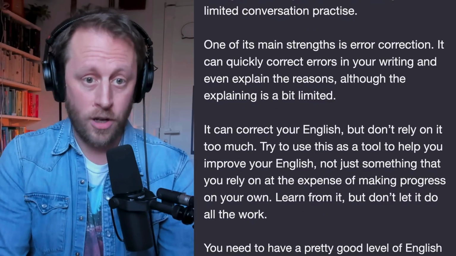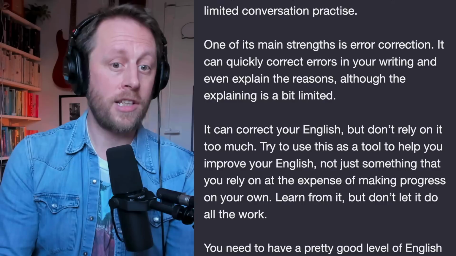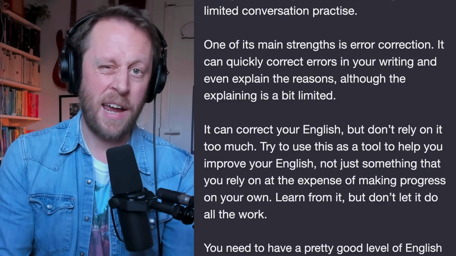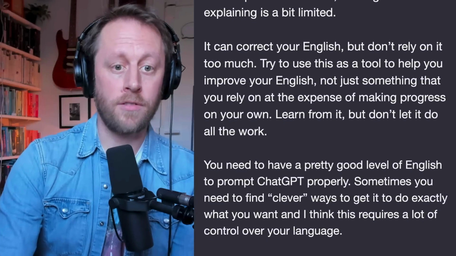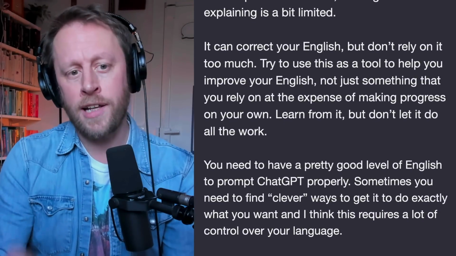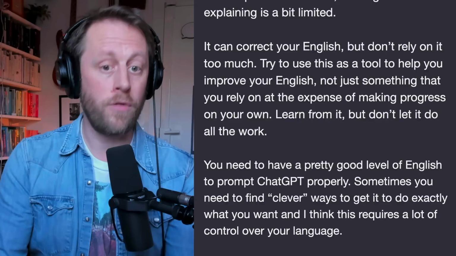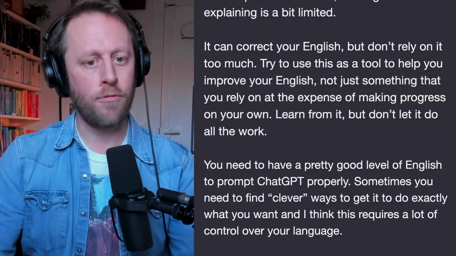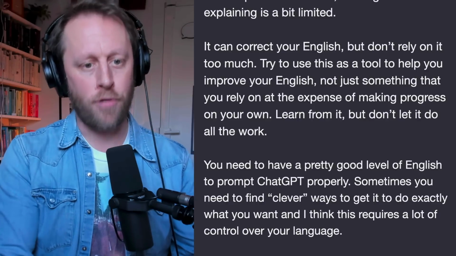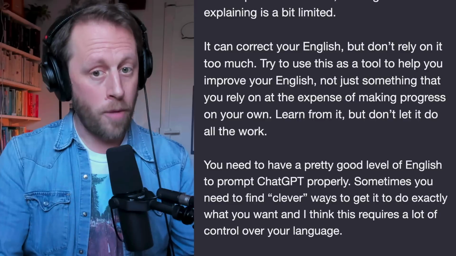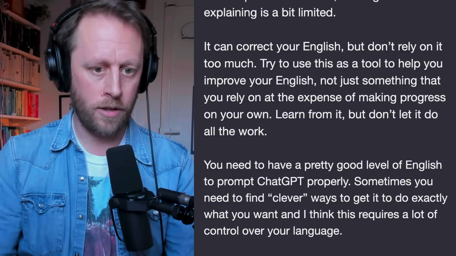It can quickly correct errors in your writing and even explain the reasons, although the explaining is a bit limited. It can correct your English, but don't rely on it too much. Try to use this as a tool to help you improve your English, not just something that you rely on at the expense of making progress on your own. Learn from it, but don't let it do all the work.